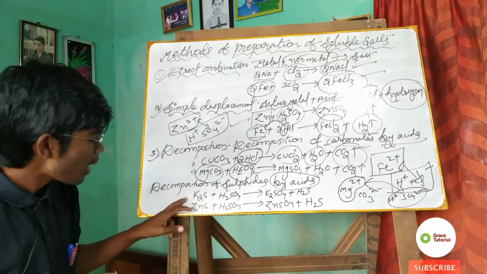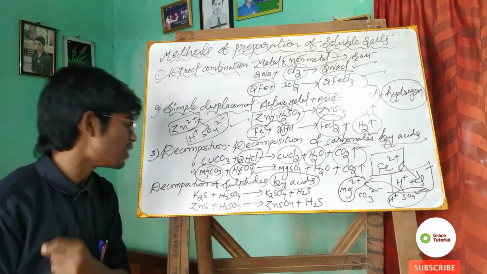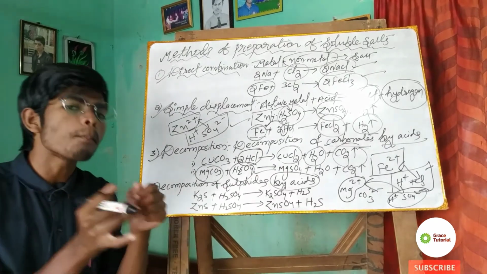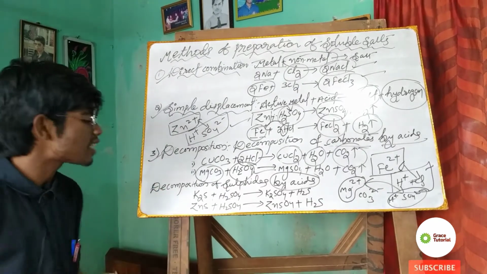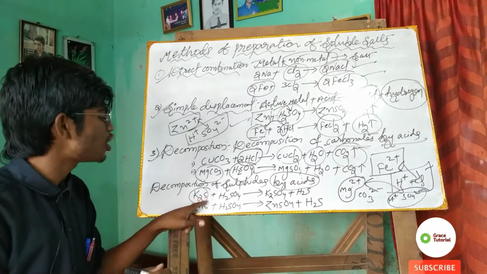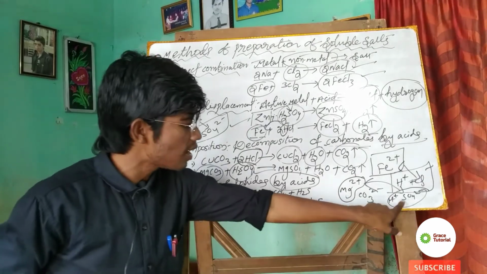Similarly, the decomposition of the sulfides also takes place by the acids. How? We have potassium sulfide, and when this potassium sulfide reacts with sulfuric acid, the decomposition takes place in exactly the same way. But what will be decomposed here by the acid? Here, the sulfide will be decomposed by the sulfuric acid. If you dissociate the sulfuric acid, you will get H+ and SO4 2-.